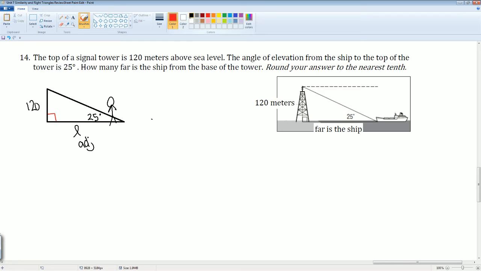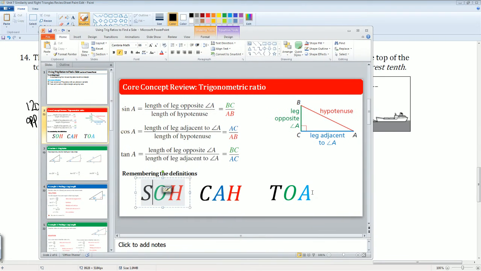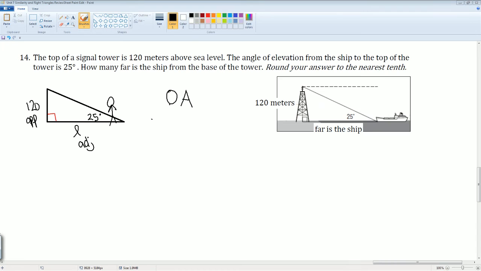The 120 is the height, or in this case, our opposite because it's our farthest one. Now I have O and A, so I bring up my notes. Which one has O and A in it? TOA.